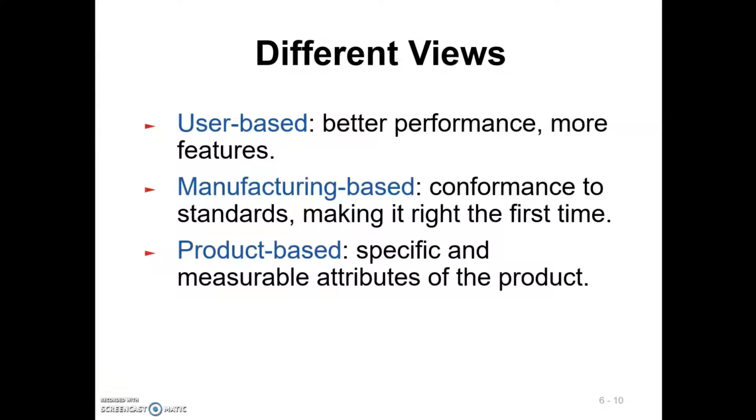First is user base, where we look at it through better performance or having more features. Next is manufacturing base, where we look at it in terms of conformance to standards and making it right the first time. Third view is product based, where we look at it in terms of specific and measurable attributes of the product.